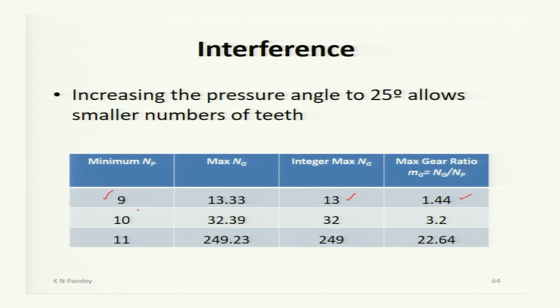Correspondingly, for 10 minimum teeth on the pinion, the maximum number of teeth on the gear will be 32, and the maximum gear ratio achievable will be 3.2.